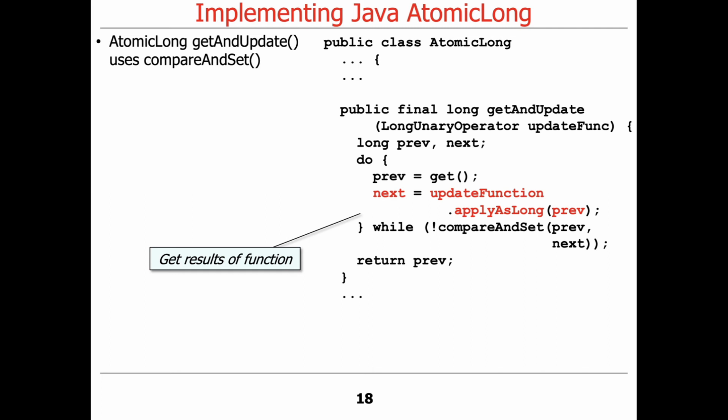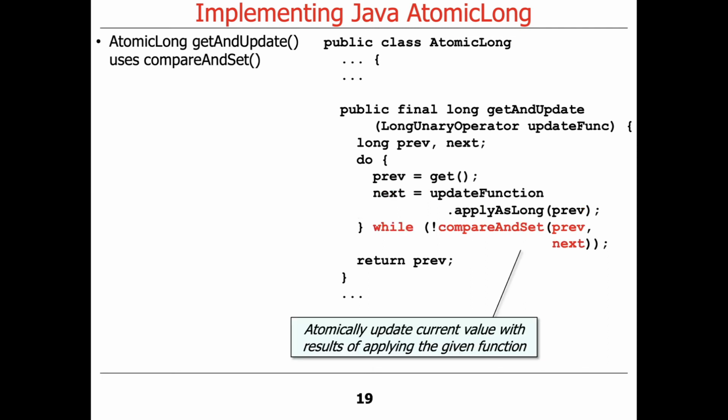So we get the next value. And then we check to see, did the original value change between the point where we read it and we computed the next value? If the answer is no, then we atomically update the previous value to the next value. If it changed, however, then we loop back around again. So we keep spinning until we can atomically apply the function to update the value of the atomic long.